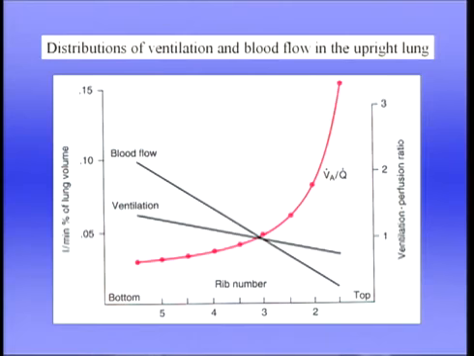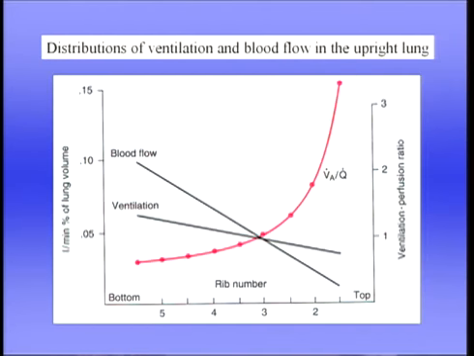But the normal lung is so arranged that there is a gradient of ventilation perfusion ratio down the lung, and it allows us to see very clearly the effects of the ventilation perfusion ratio on regional gas exchange.